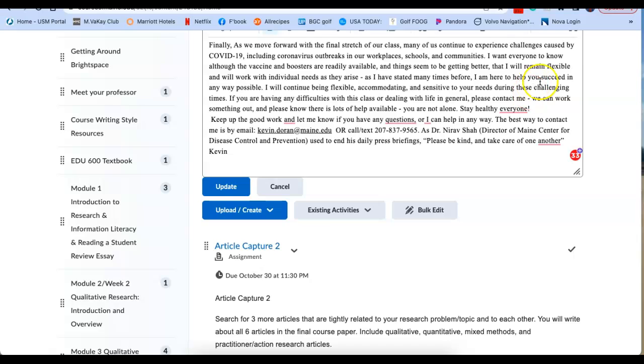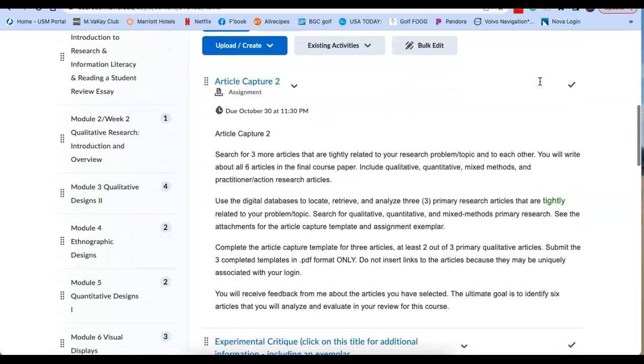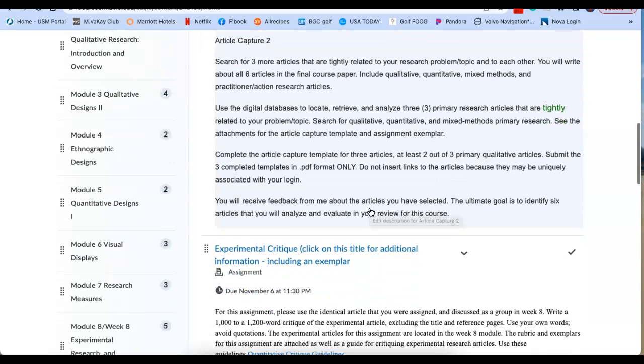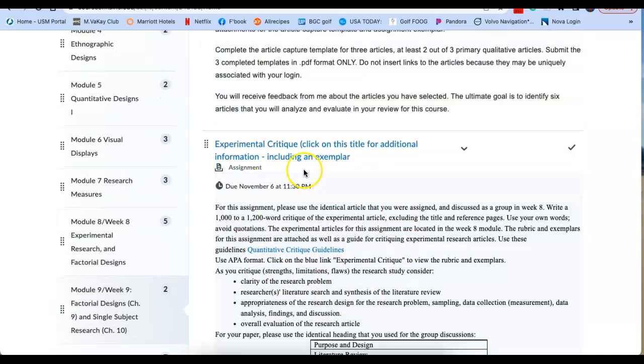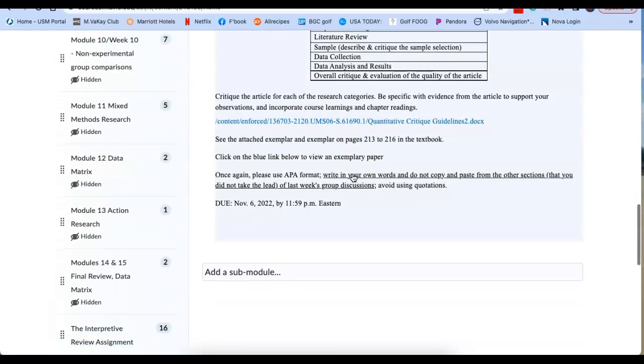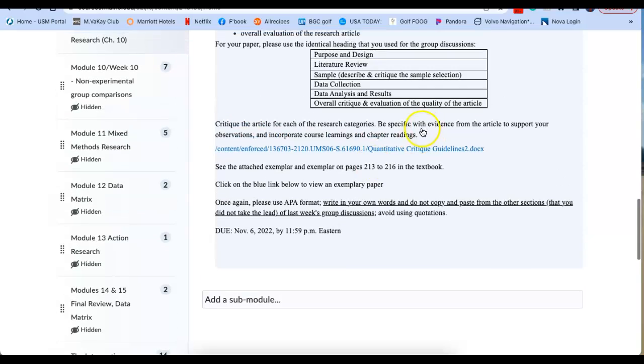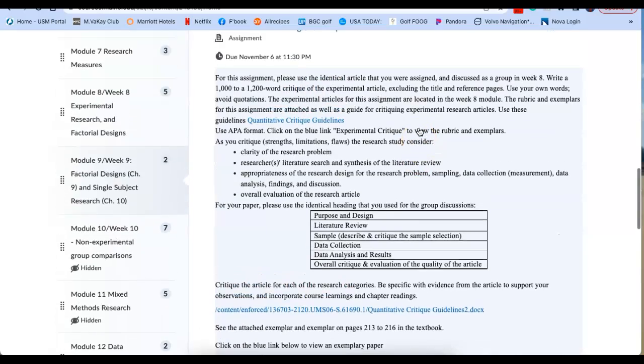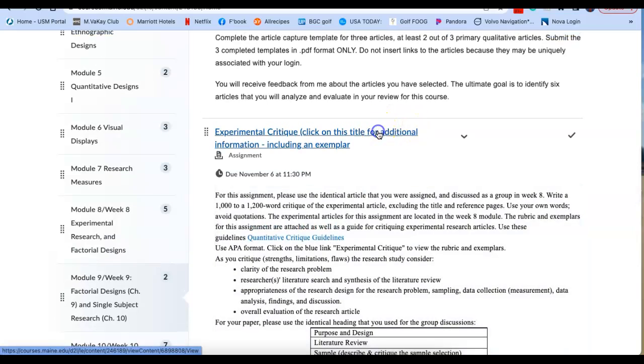So that is the materials for the week. We have the article capture 2, which is due next Sunday, and then I put in the experimental critique assignment. Included in here, if you want to take a look at it, there is an exemplar. There are guidelines, but I'm going to just show you where the exemplar is. I'm going to click on the title.